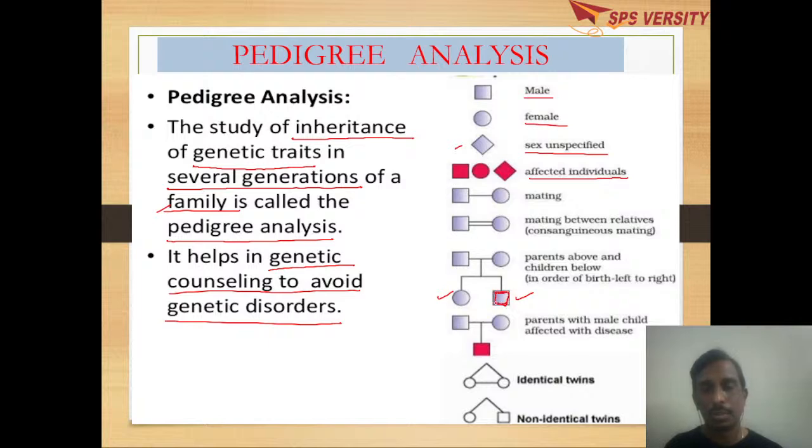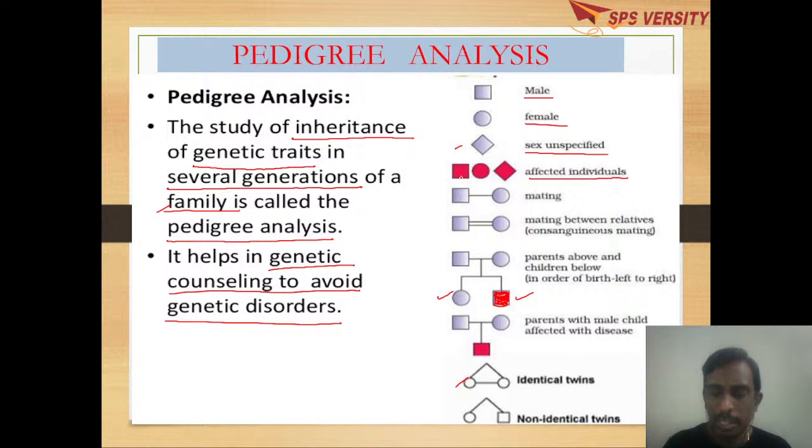The female is not filled, which means she is not affected. There is also a representation for twins. If you draw a line between the twins, it means identical twins. If we don't draw any line, they are not identical. Like this, we use symbols in pedigree analysis to represent the pedigree chart of a family.